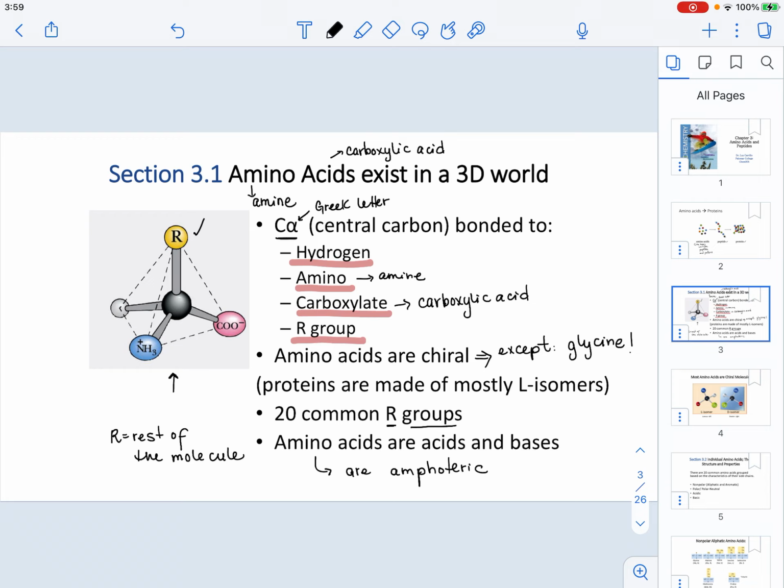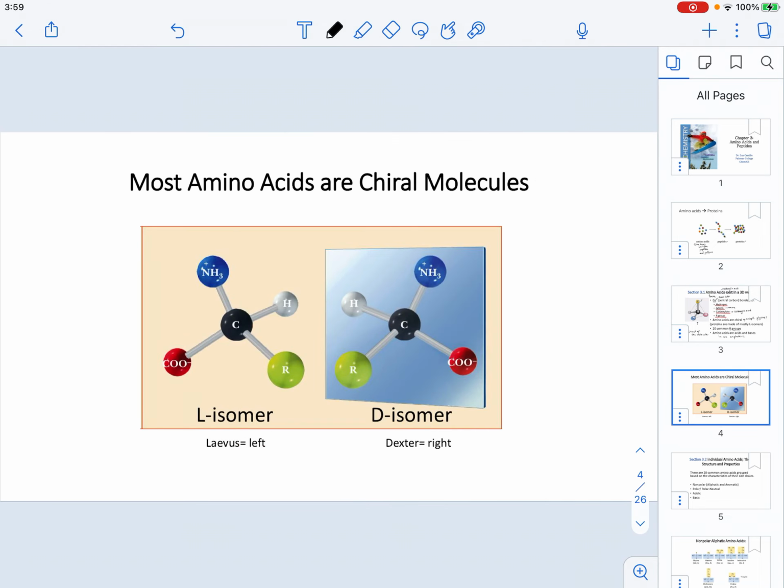Let's look more at the chirality of amino acids. So, as I mentioned in the previous slide, most of the amino acids that we observe in proteins are going to be the L isomer.